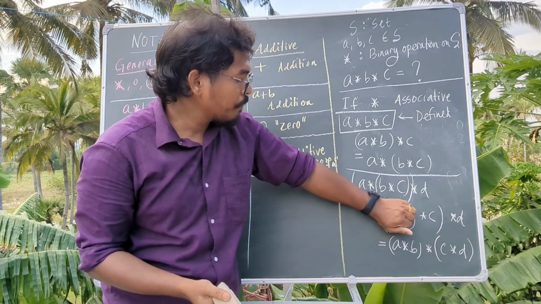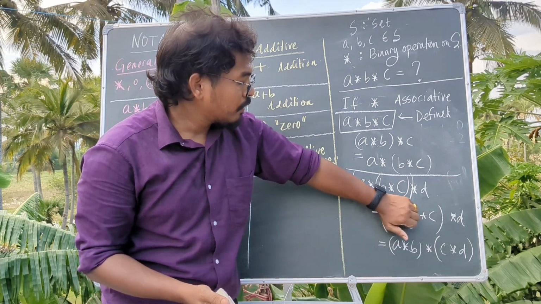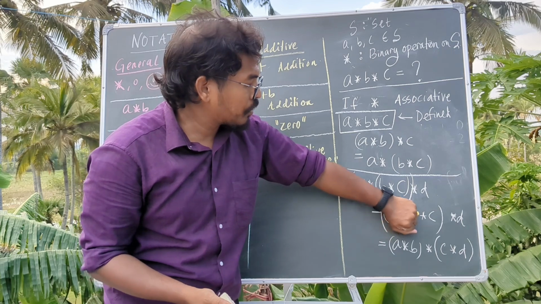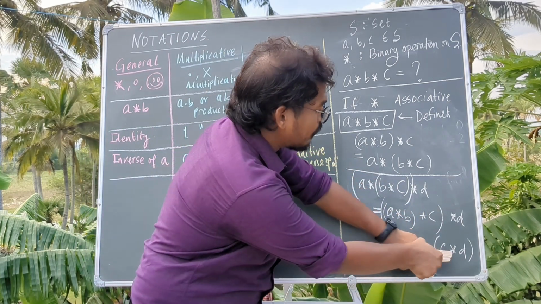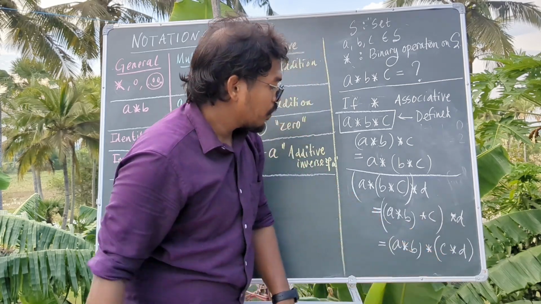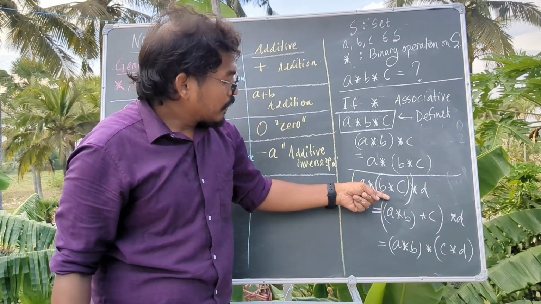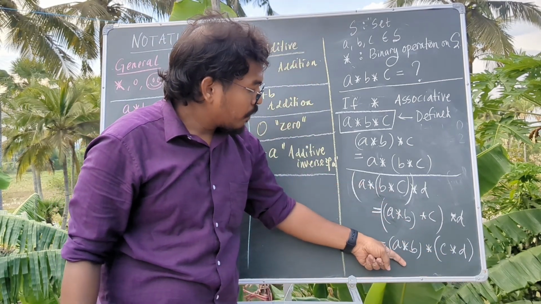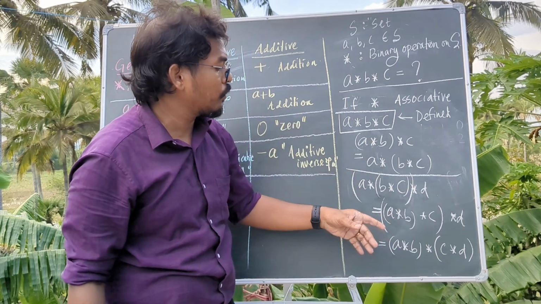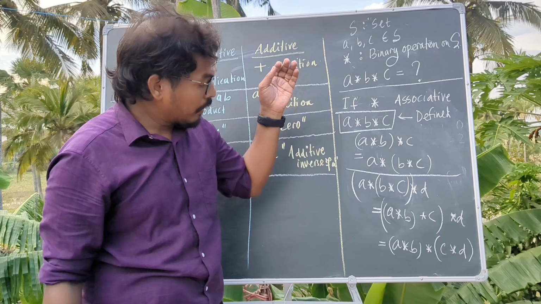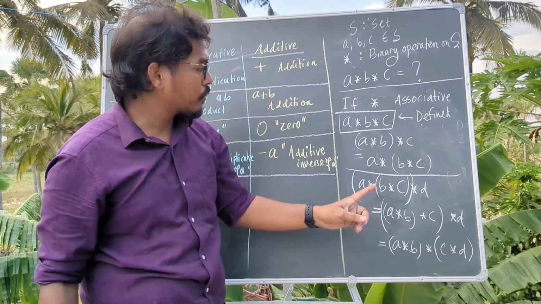Suppose this element is E. Then E star C star D, I can keep E, then star, operate C and D. So this is the same as this one, this is the same as this one, and it will turn out that in whichever way you put parenthesis, it will not matter. In every way you will get the same answer.